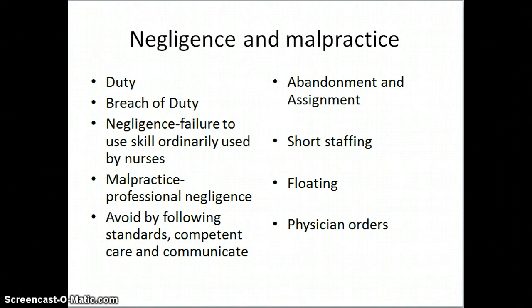On page 302, common negligent acts are things where we owe our duty to that client, but we didn't carry out that duty. So if a typical nurse would do vital signs every 1 hour on a patient in telemetry, and the nurse didn't do that, that would be negligence. Avoiding to follow the standards, the minimum standards that would be expected for that nurse.